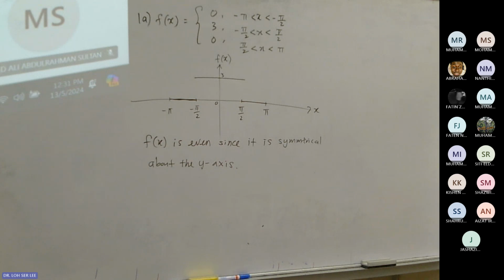That's why it is even. So for the justification whether it is odd or even, you have to know: for even, it is symmetrical about the y-axis. For odd, it's symmetrical about the origin.